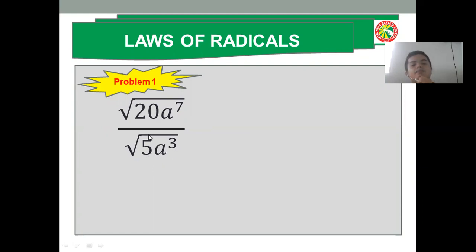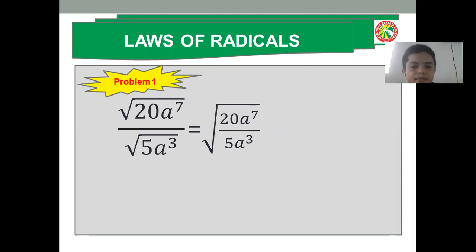As you have observed, the square root of 20 cannot be evaluated directly, but instead it can be simplified and combined. So you enclose them as one root of 20a^7 over 5a cubed. This is the quotient rule under the law of radicals.